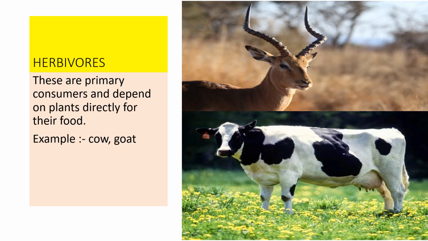Herbivores. These are primary consumers and depend on plants directly for their food. Example: cow, goat, and deer.